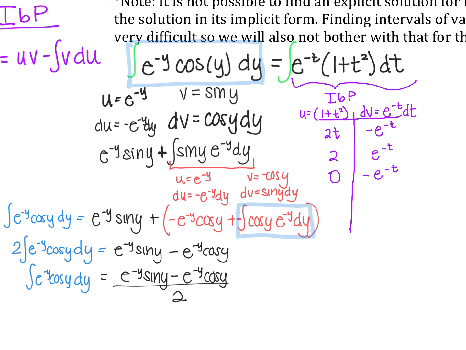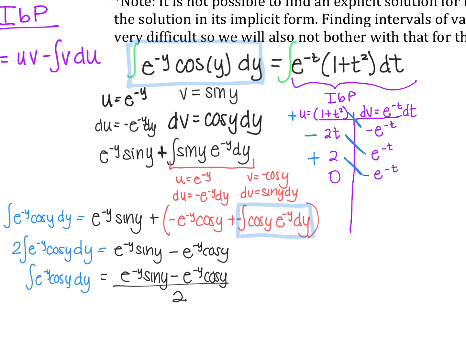Okay, a couple things that we need to do with this integration by parts here. My first sign will always be positive, negative, positive, and then negative. Those signs may change based on whatever happens in those derivatives and antiderivatives, but that's how it should start. And then remember, we multiply the diagonals.